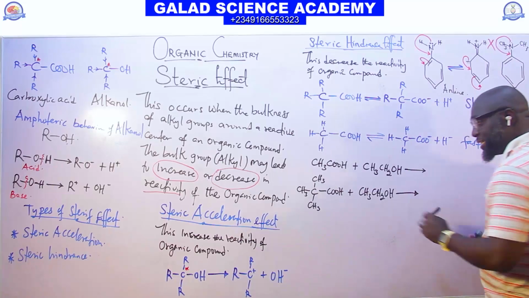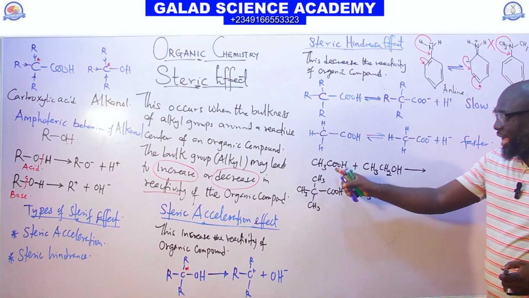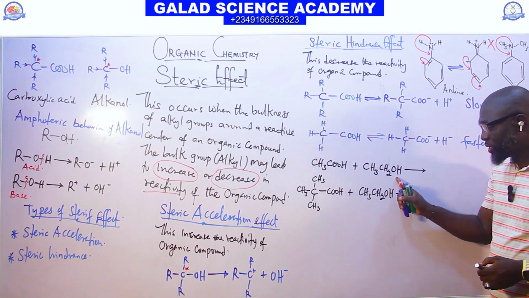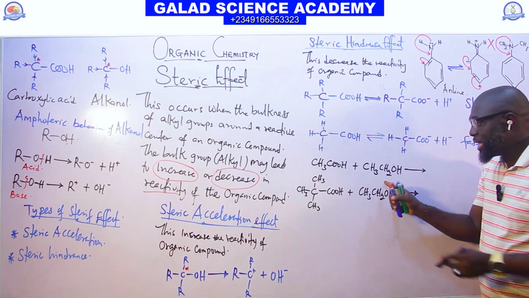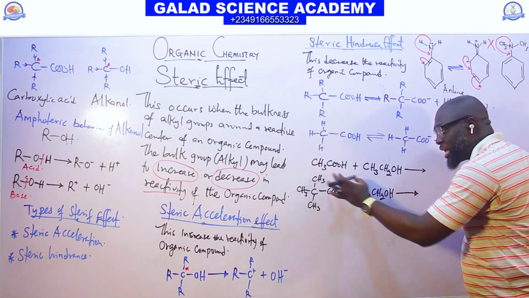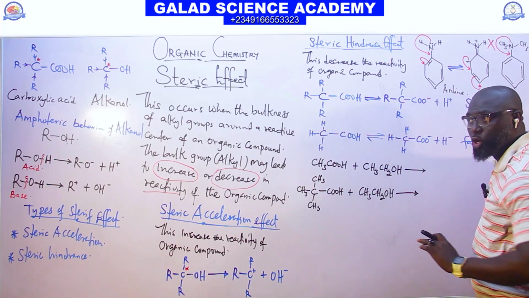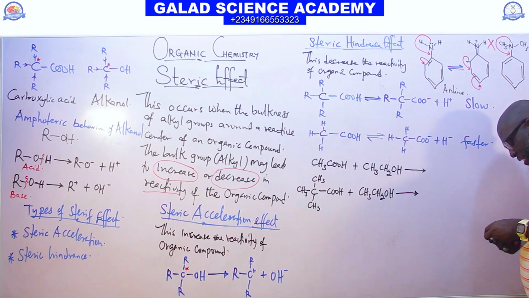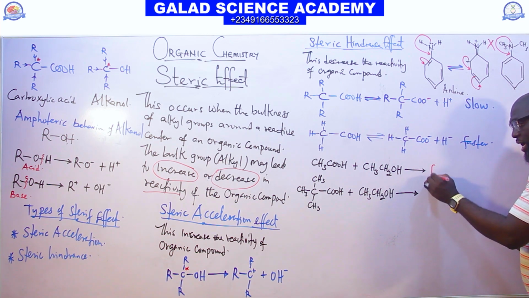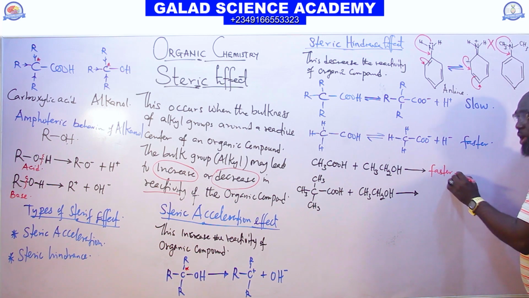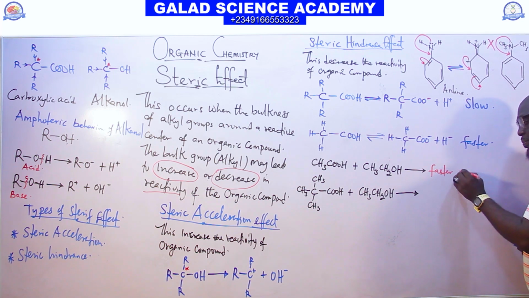See, this reaction is ethanoic acid and ethanol. Between the two of them, do we have any bulkiness of alkyl group here? No. Therefore, this reaction here will be faster.